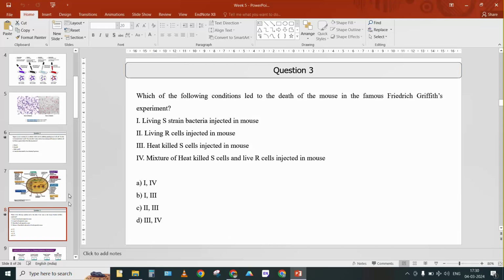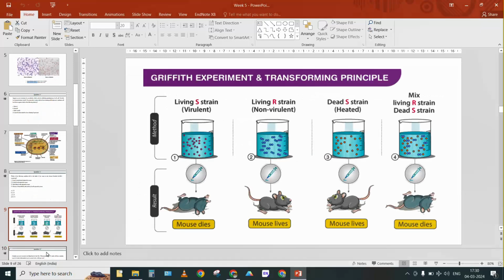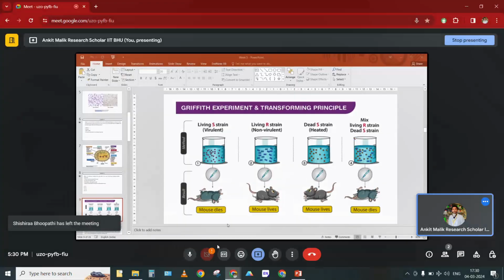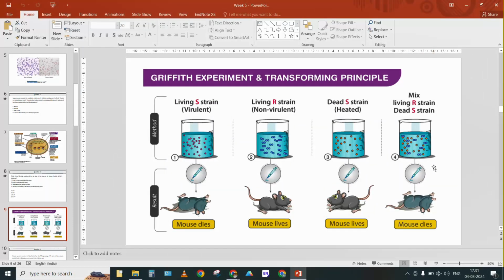We'll go through the famous Frederick Griffith experiment first, then we'll come back to the question and answer it. The Griffith experiment was a stepping stone for the discovery of genetic material. Frederick Griffith's experiments were conducted with Streptococcus pneumoniae.